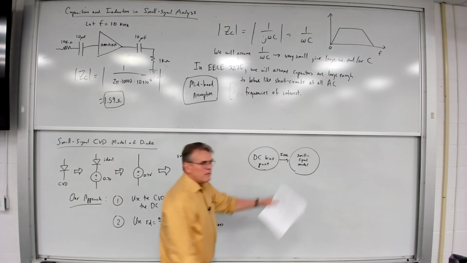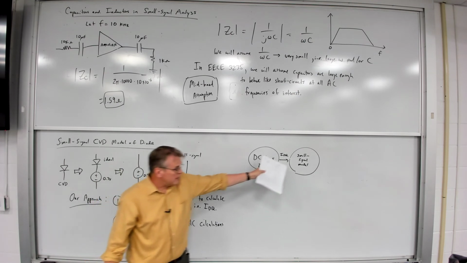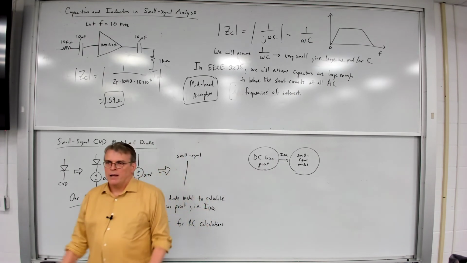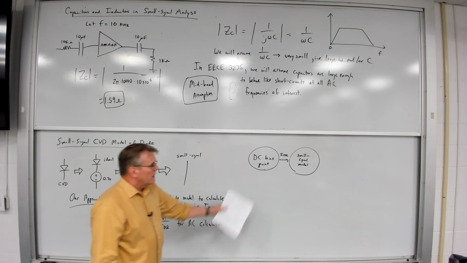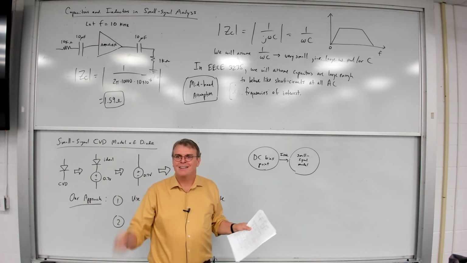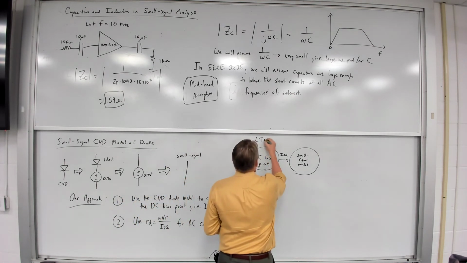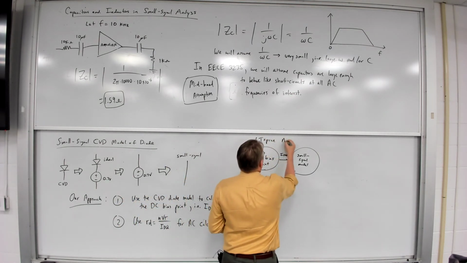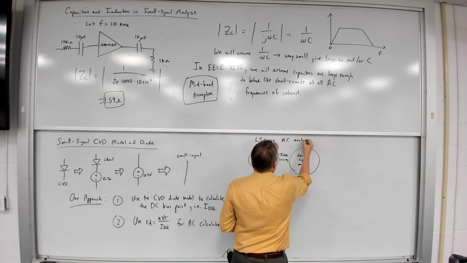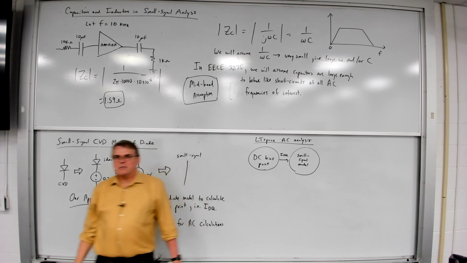And then we did our calculations. So first we did DC, and then we did AC calculations. I point this out because guess what also uses this exact same type of calculation? An AC analysis in LTspice. This is exactly what LTspice does.